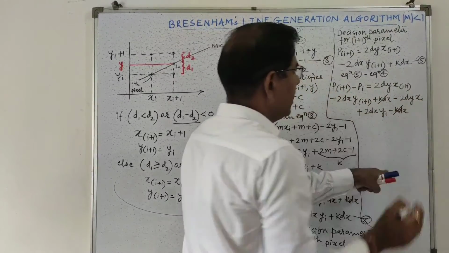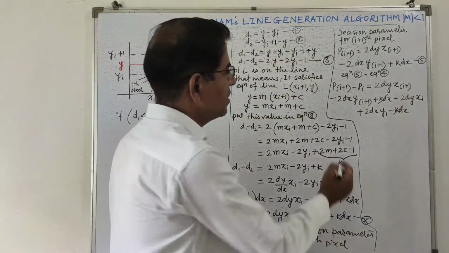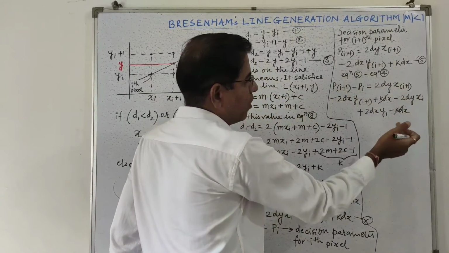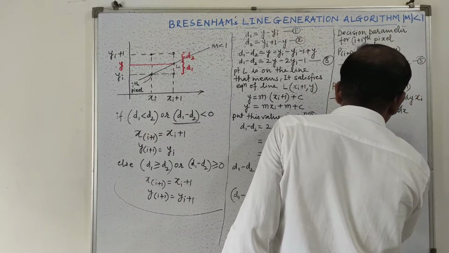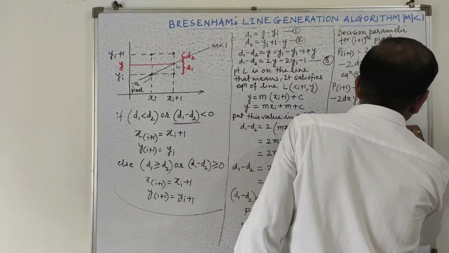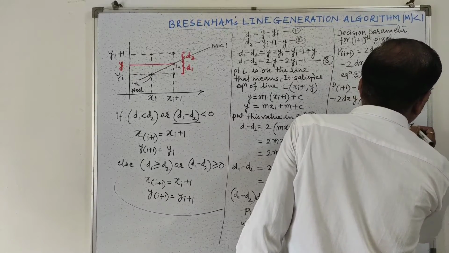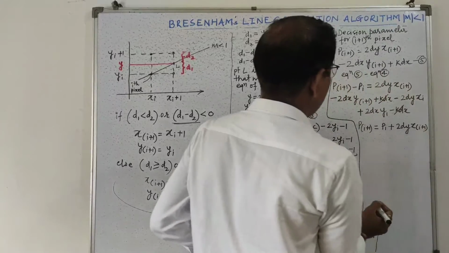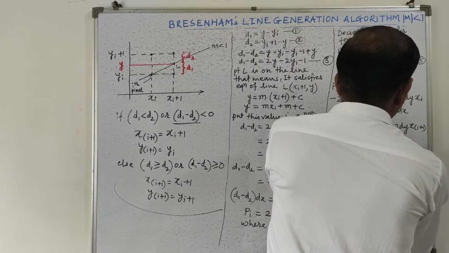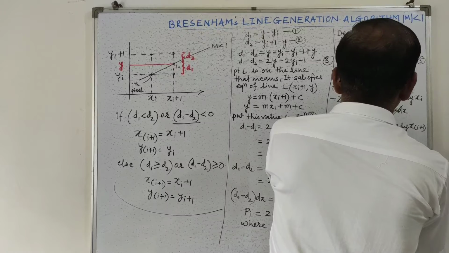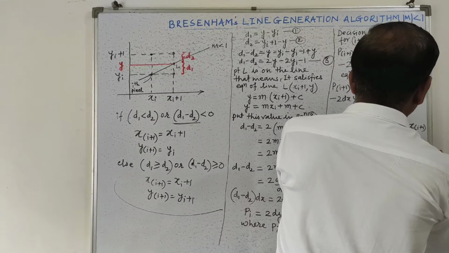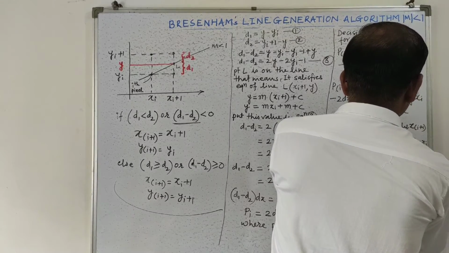Now this plus k dx will get cancelled, and this expression, now we'll take this pi on the right side of equal to sign, so this becomes pi plus 1 is equal to pi plus 2 dy xi plus 1 minus 2 dx yi plus 1 minus 2 dy xi plus 2 dx yi.